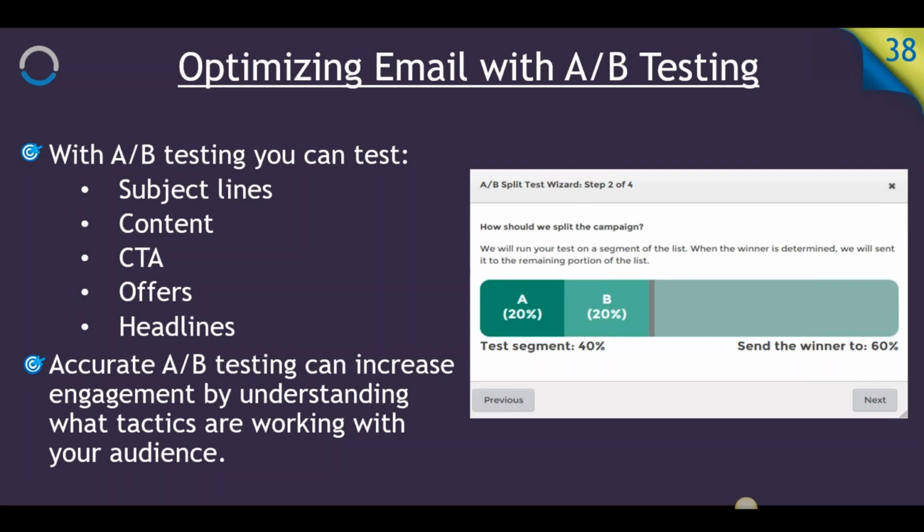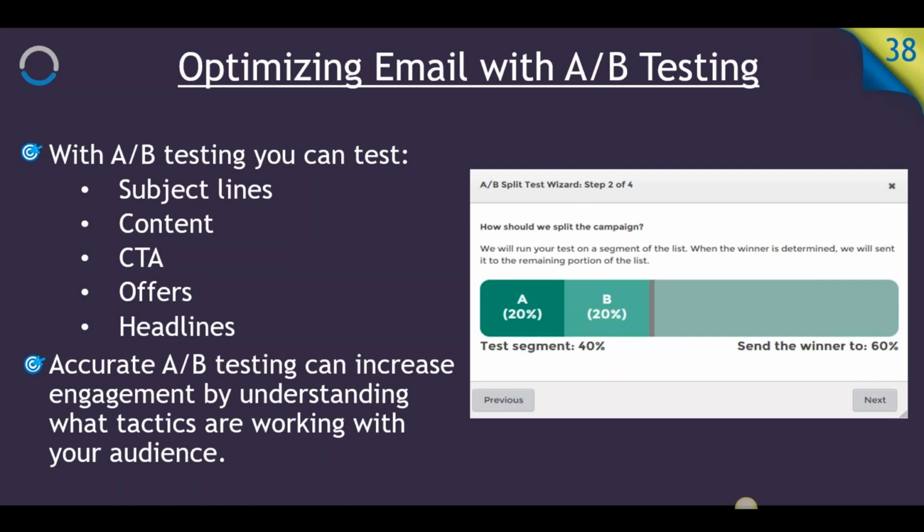You can even test content within your email. So if you have a particular image with a smiley face, and then you have another content that does not have an image, we actually like to test these in our emails. And we noticed after a while that emails that have images in them perform much better than emails without images. So you can test the full content of the emails.